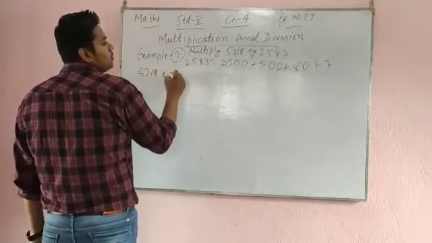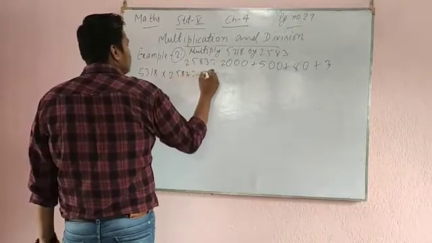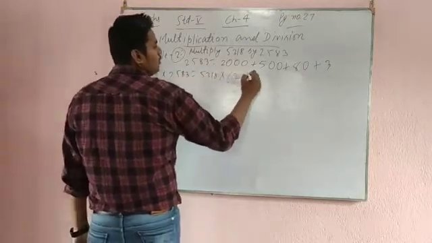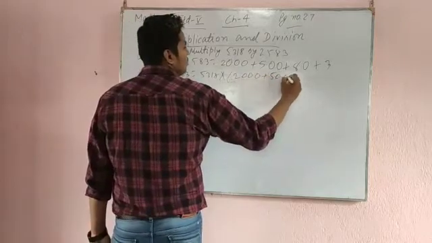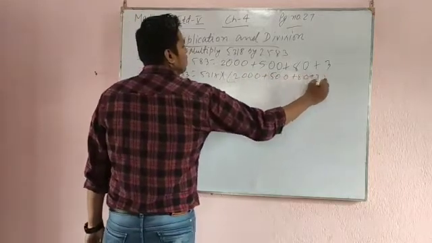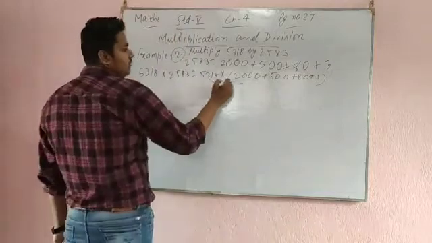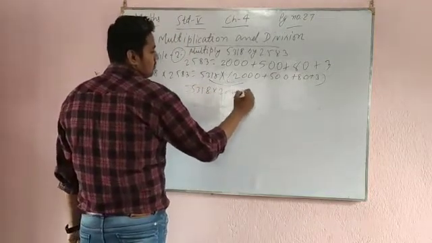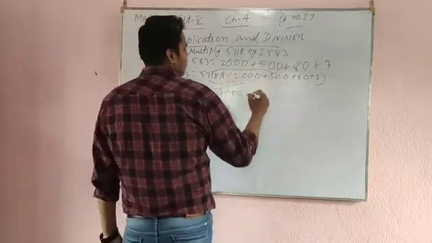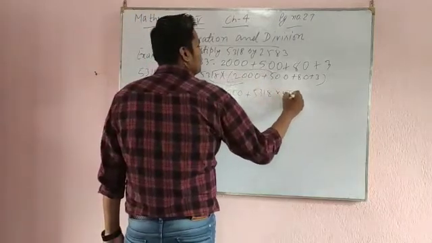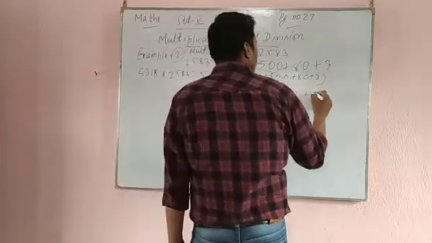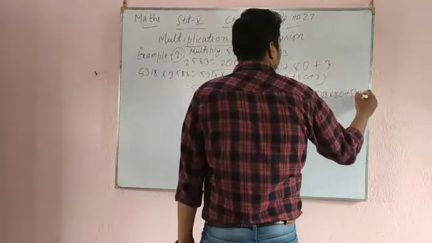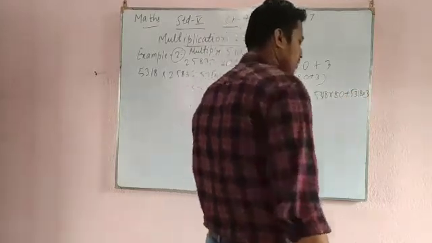Now we multiply 5318 into 2583. We have already broken 2583 into expanded form. First we multiply with 2000, plus 5318 into 500, then 5318 into 80, and the last 5318 into 3.